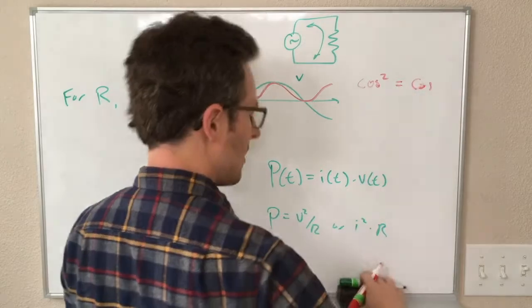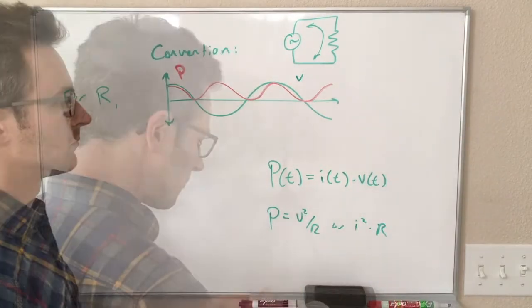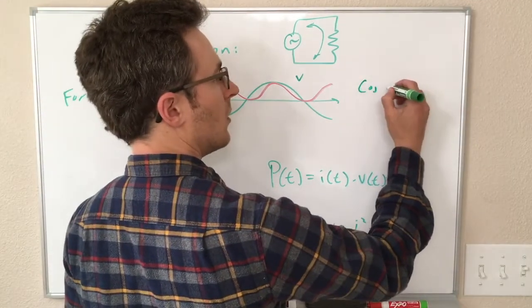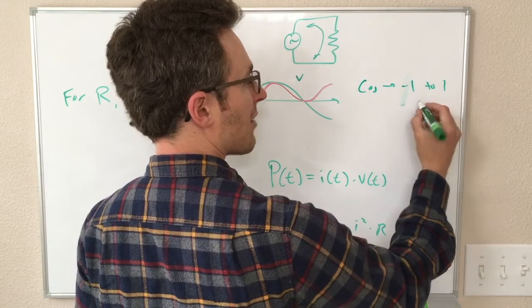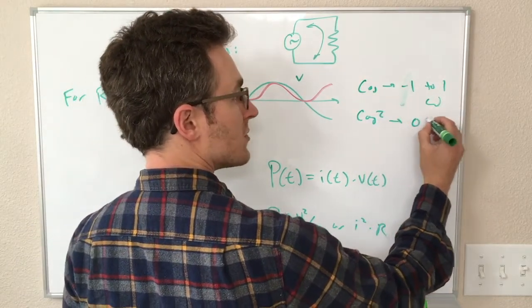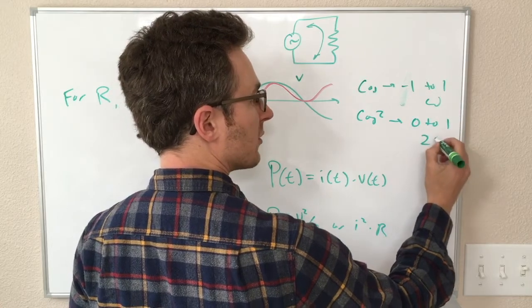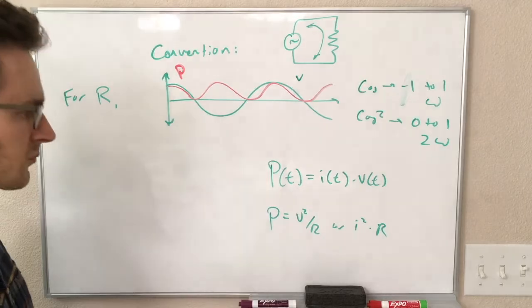So maybe I'll write this in a more explicit way. So if cosine goes from -1 to 1 at frequency omega, then cosine squared goes from 0 to 1 at frequency 2 omega. Okay, and that's what I have drawn here.